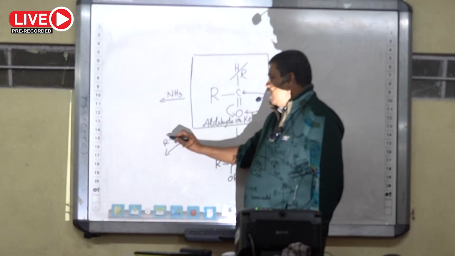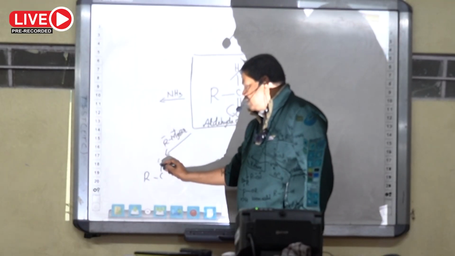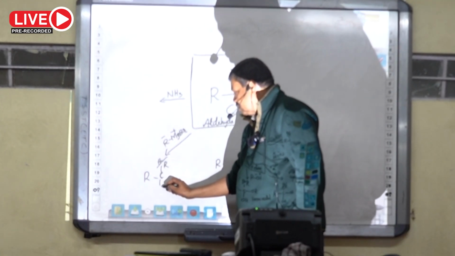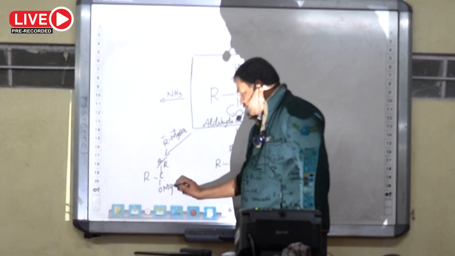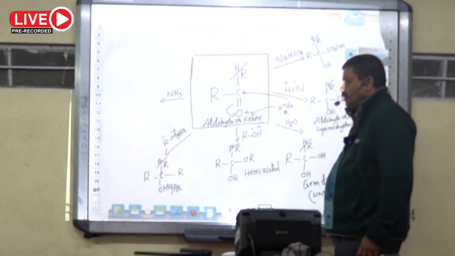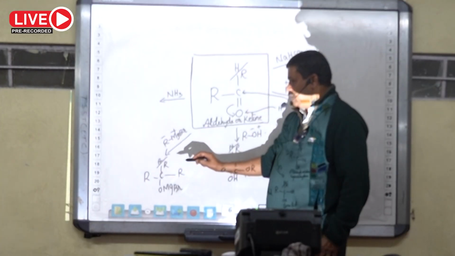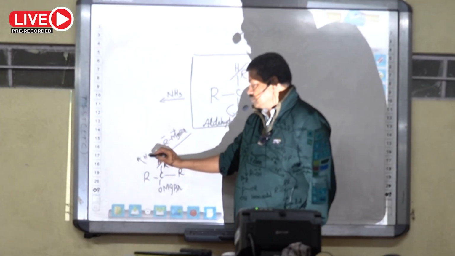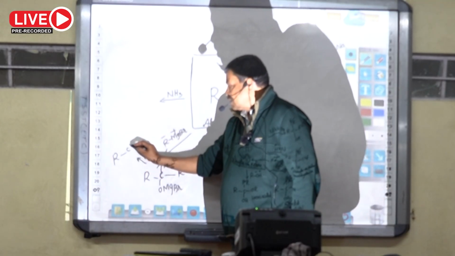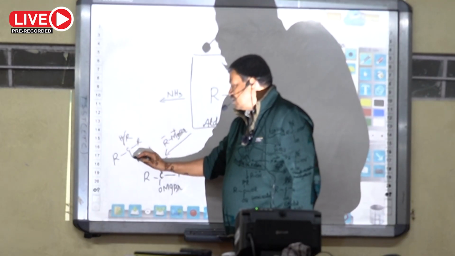So here R minus MgBr plus. So RCH, H or R, this O becomes OMgBr. This on hydrolysis will give RCH R, R, OH.